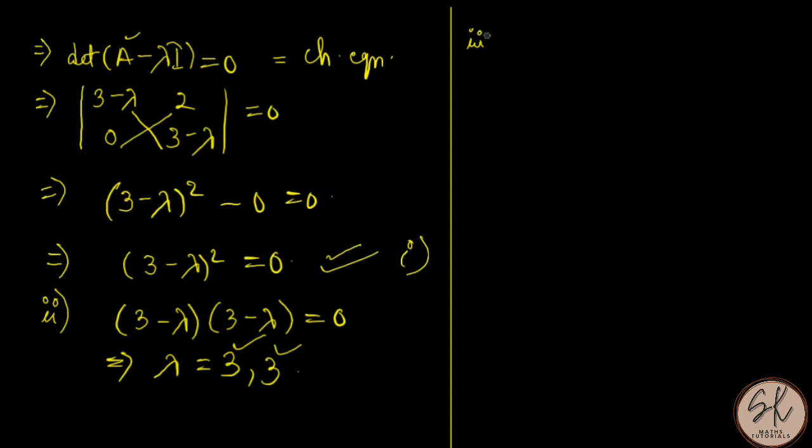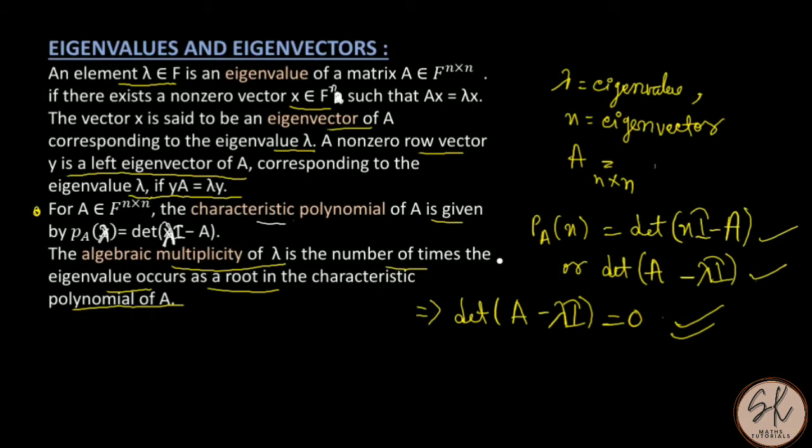So the third eigenvector, for lambda equals 3. How do we find the eigenvector? According to the definition, if this is the characteristic polynomial, then Ax equals lambda x.